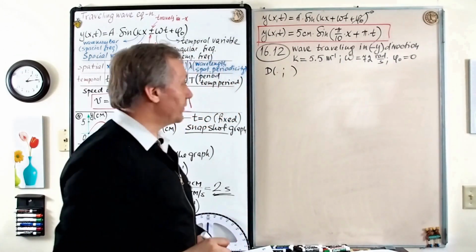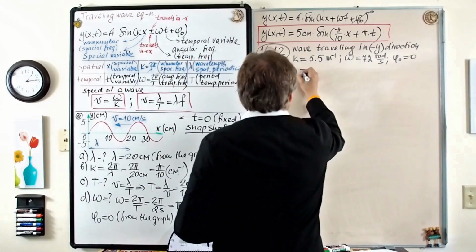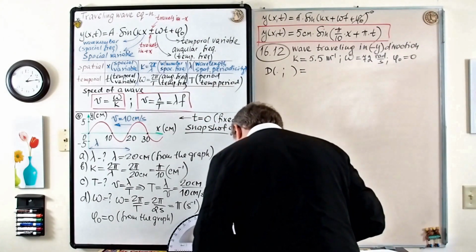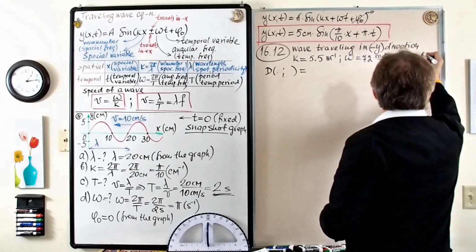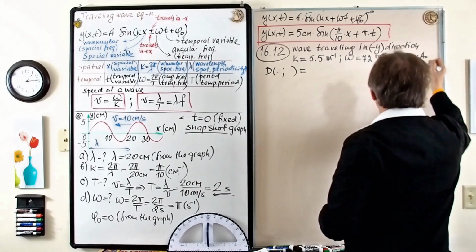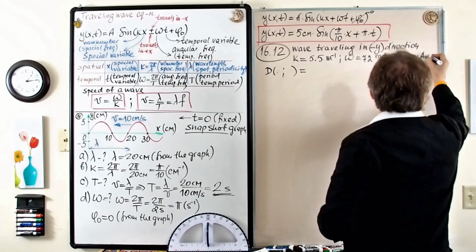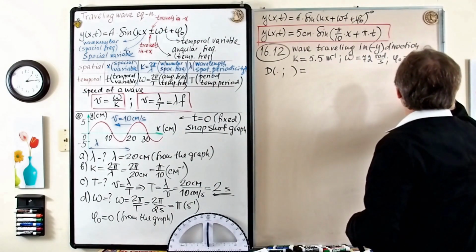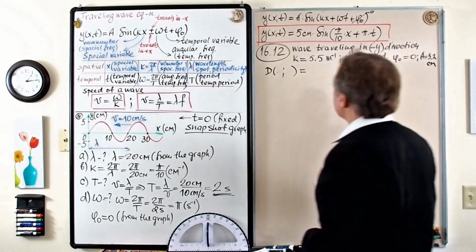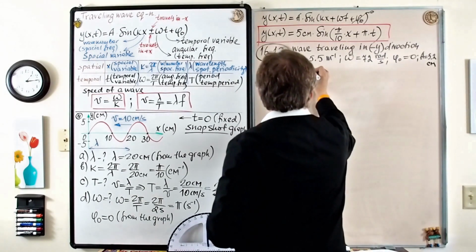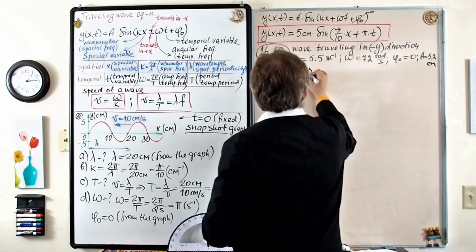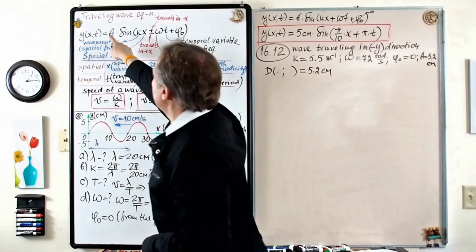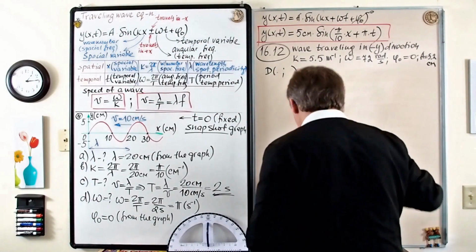In a second I will fill it. Amplitude is also given. What is the amplitude? 5.2 centimeters. Right, so what we have, amplitude is 5.2 centimeters, A, then sine.